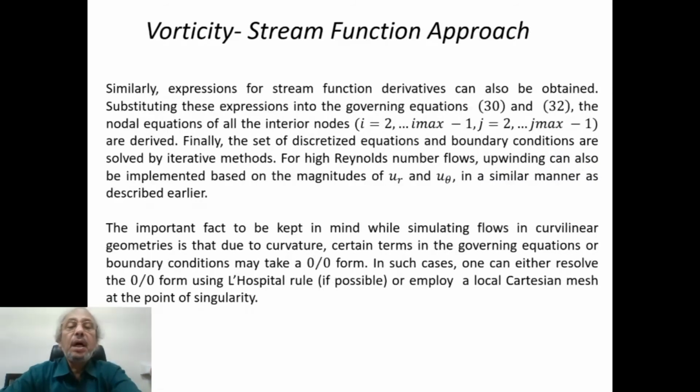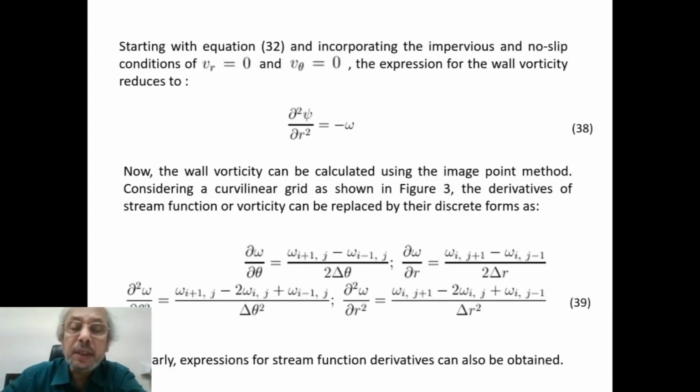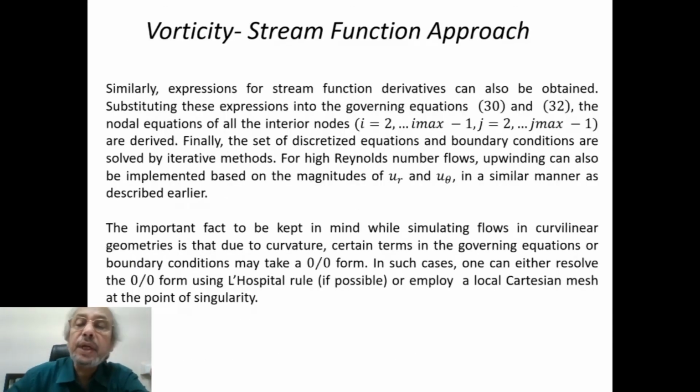Now, this is what I have again repeated actually, that the way equation 39 is discretized, in the same way the expression for stream functions can be obtained in discretized form.